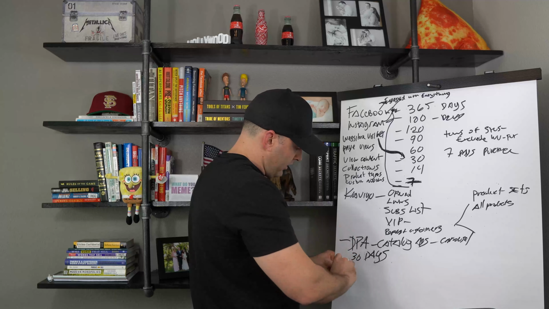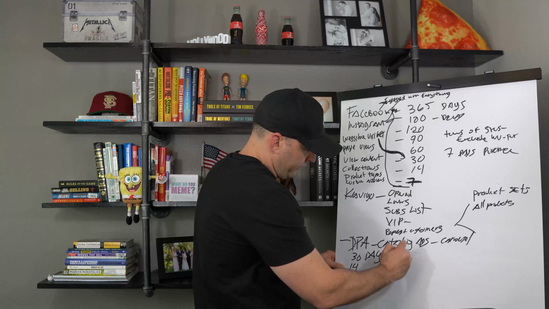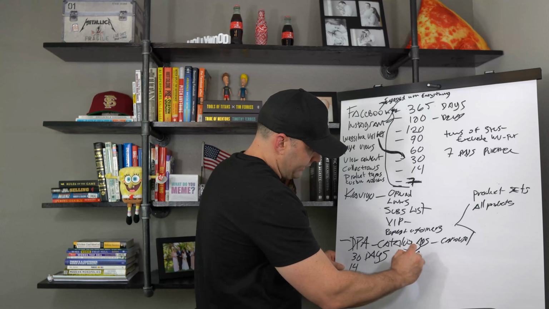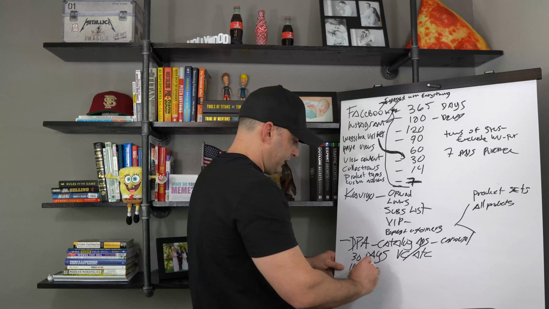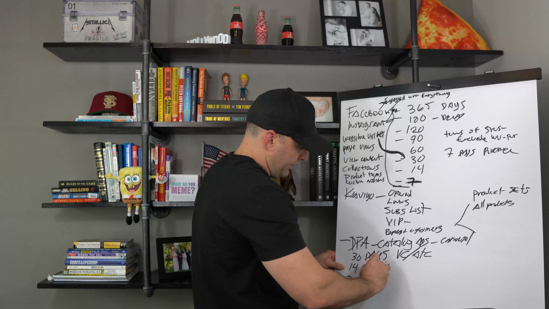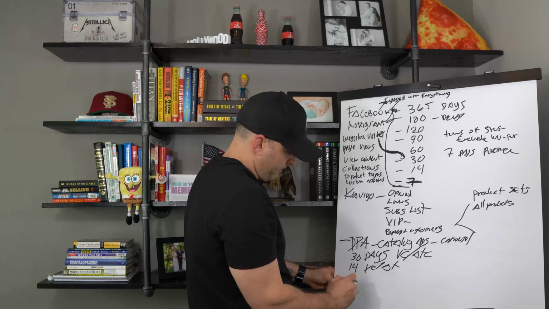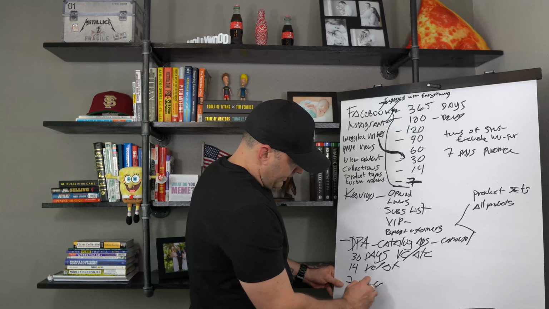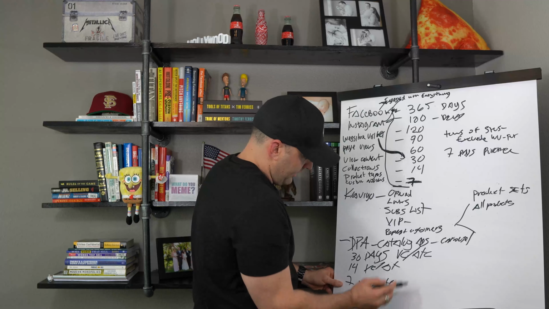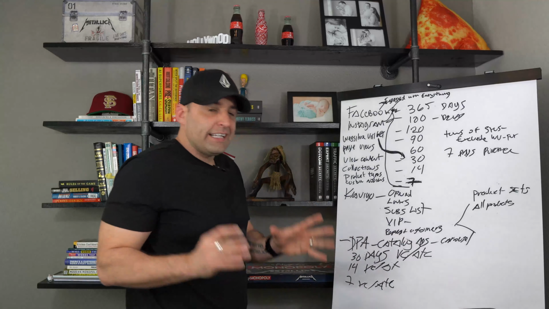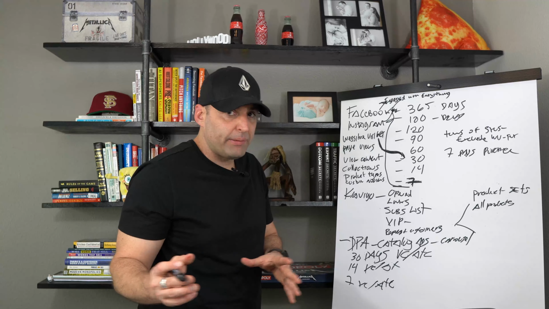Okay, 30 days, 14 and 7, right? And you do VC and ATC, right? Same here, VC, ATC, VC, ATC, and VC and ATC should work well depending on the type of traffic you want.